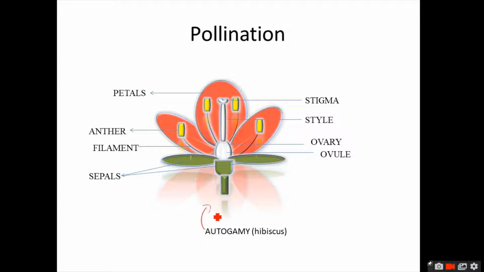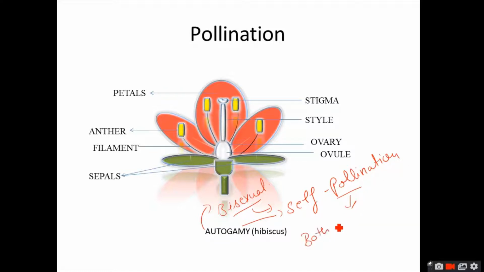Autogamy is basically seen in flowers which are bisexual, and in autogamy, where self-pollination is taking place, the main thing responsible for this type of pollination is that both gametes of male and female parts are maturing at the same time.